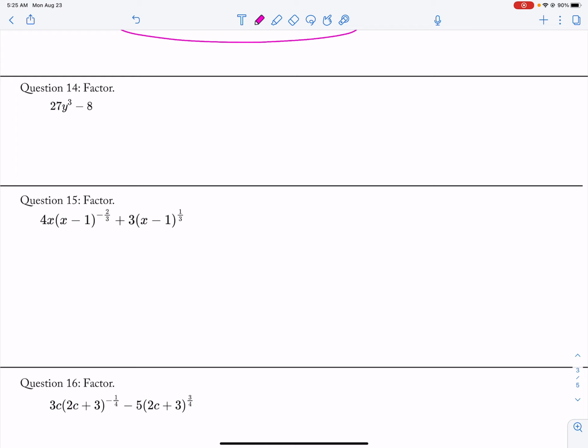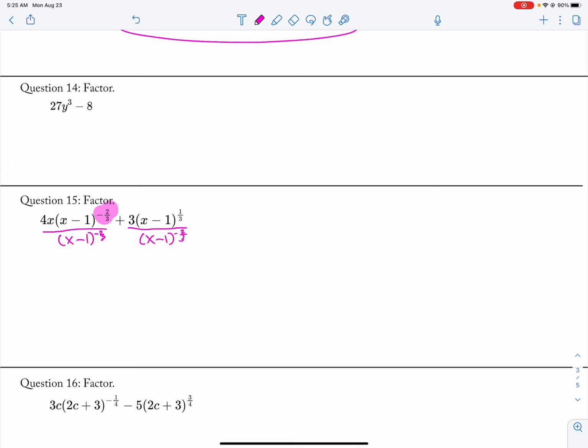So we're going to factor out this -2/3. The way we do that is we go through, and it's like we're dividing. So it's like we're taking each term and dividing by x minus 1 to the -2/3 power.